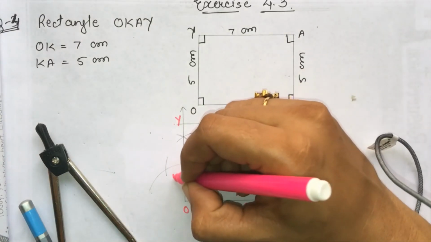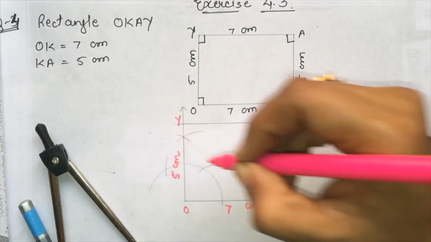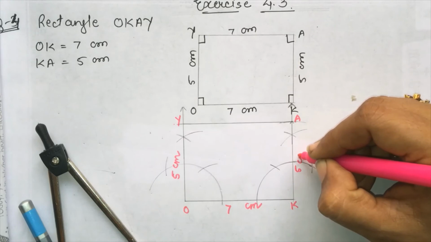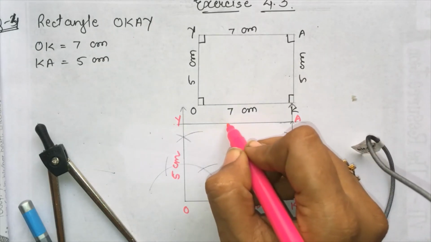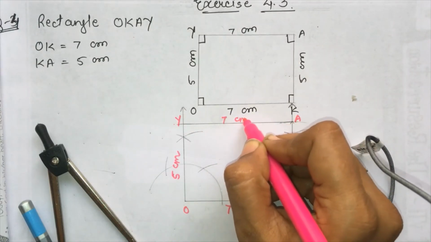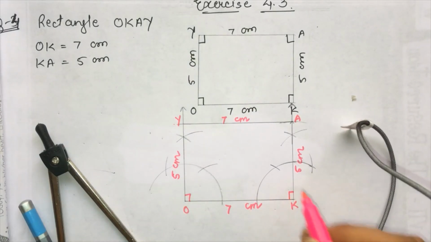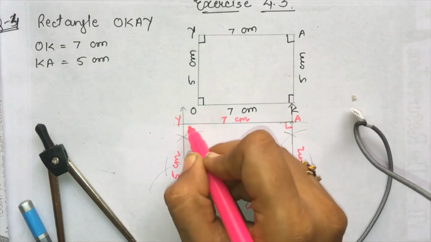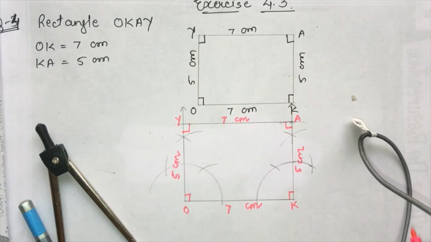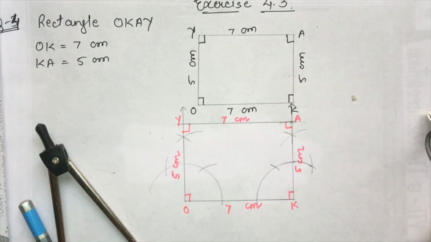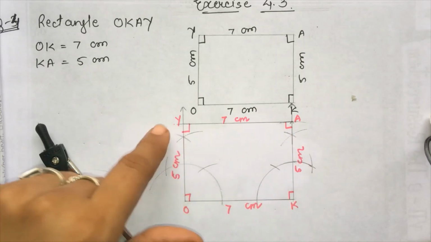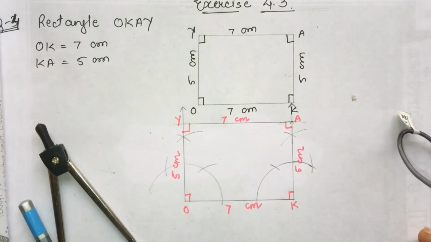So this is 5 centimeter, this is 5 centimeter, and obviously this is 7 centimeter, and all these are right angles. So here is the final diagram of OKAY with the given dimensions.